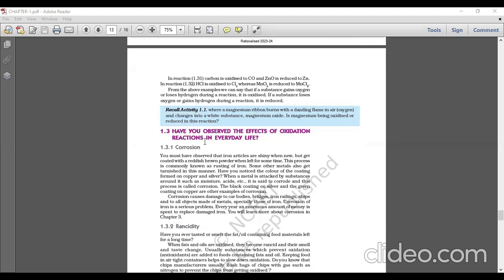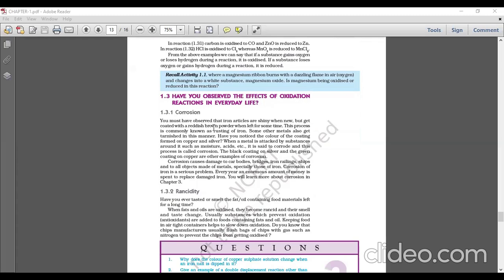Fine. Now, have you observed the effects of oxidation reactions in daily life? Oxidation means gaining of oxygen, gaining of water moisture. If any substance gains oxygen, it will get corrosion, or rancidity. So what is the difference between rancidity and corrosion?